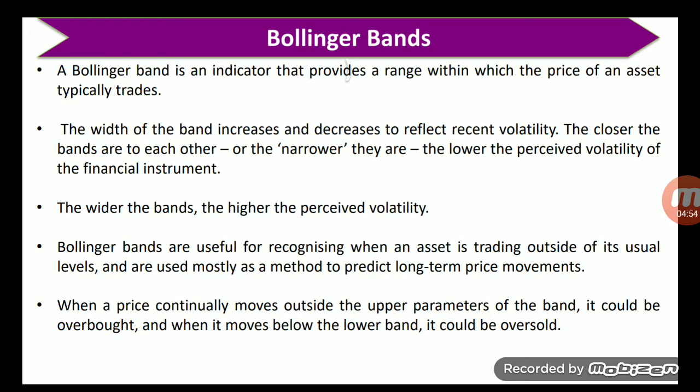When a price continually moves outside the upper parameter of the band, there are two parameters, upper band and lower band, and in the middle there is the moving average. When a price continually moves outside the upper parameter of the band, it could be overbought, and when it moves below the lower band, it could be oversold.